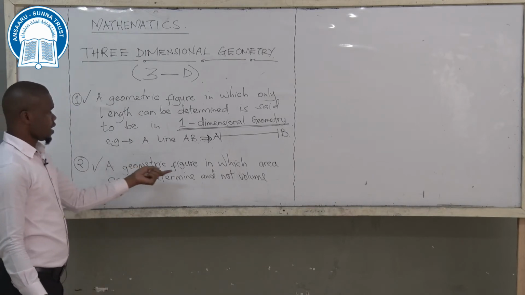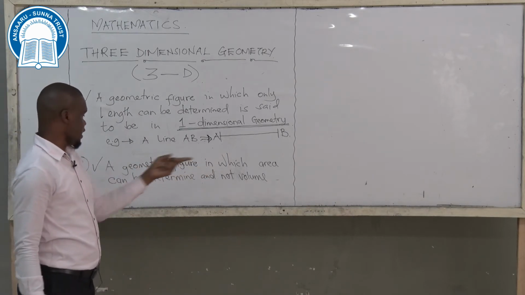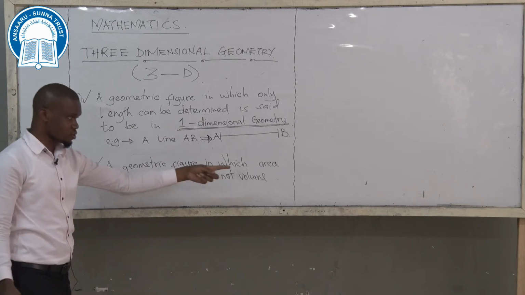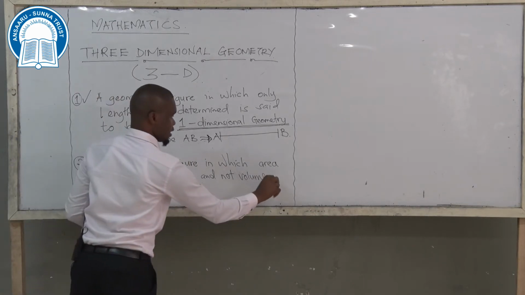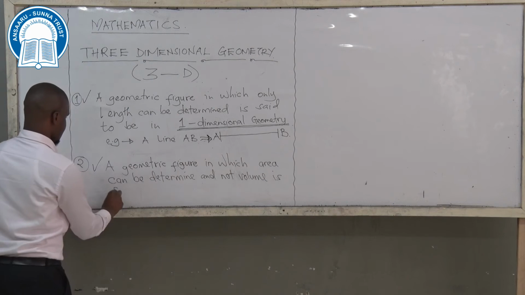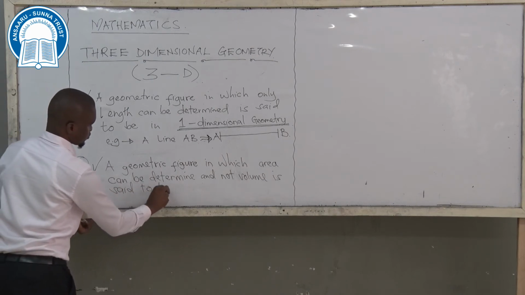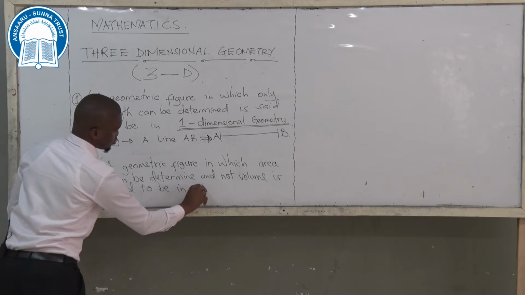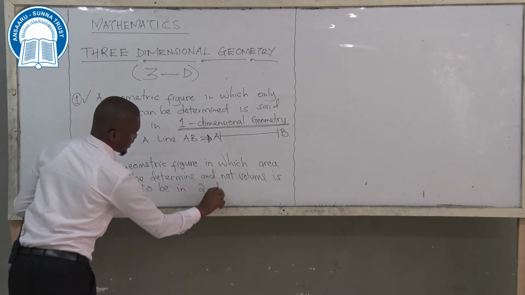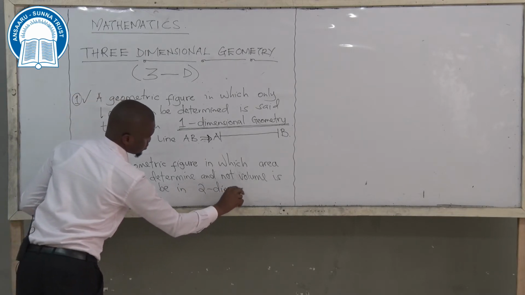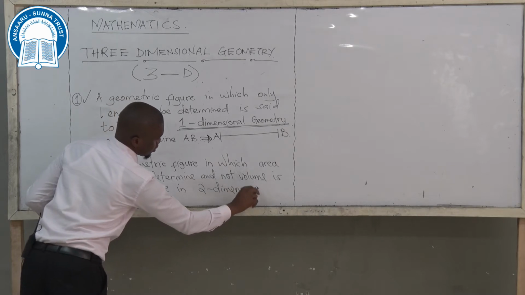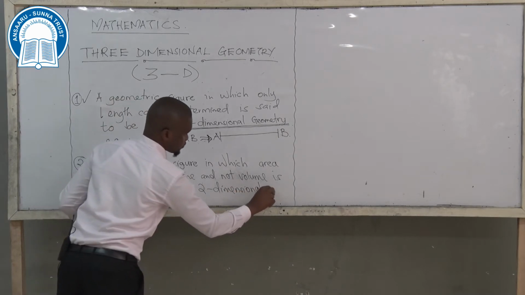A geometric figure in which area can be determined and not volume is said to be in two-dimensional geometry.